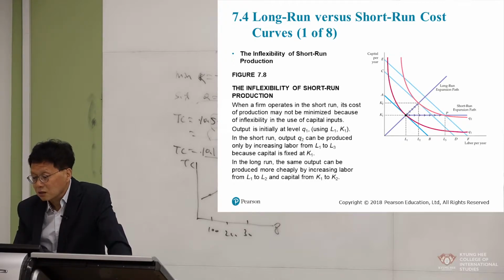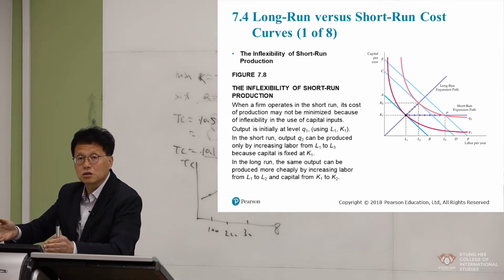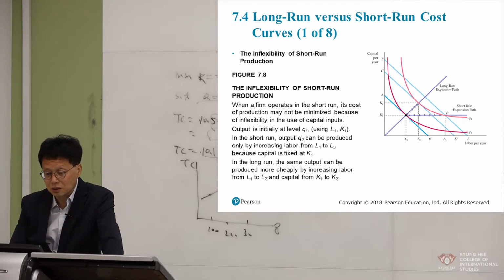Then at this point, the minimized total cost is indicated by the y-intercept. That is OC, right? The short-run cost to produce 200 pence of pizza was OE, right? So total cost decreases in the long run compared with the short-run cost. Can you understand? That is the explanation of figure 7.8.